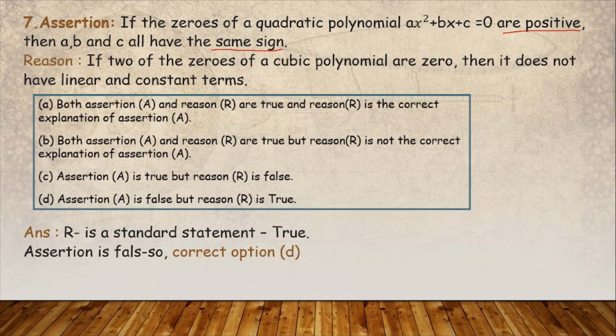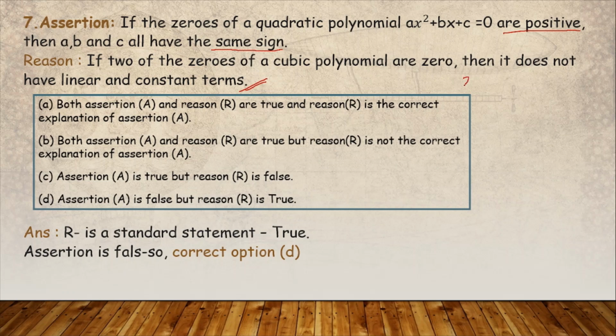Reason: If two of the zeros of a cubic polynomial are 0, then it does not have linear and constant terms. Two zeros of the cubic polynomial are 0. If you have a cubic polynomial, you will get 3 zeros.